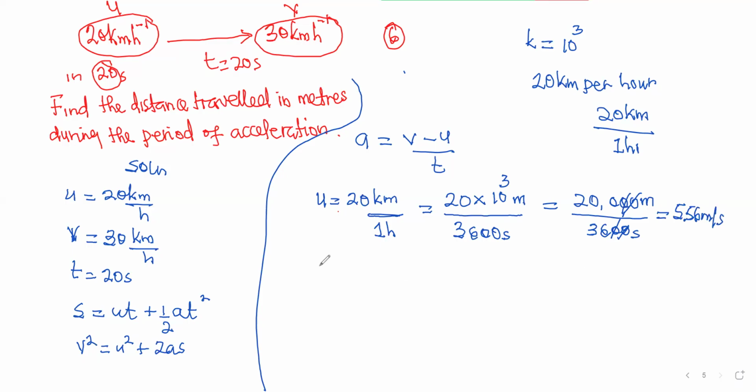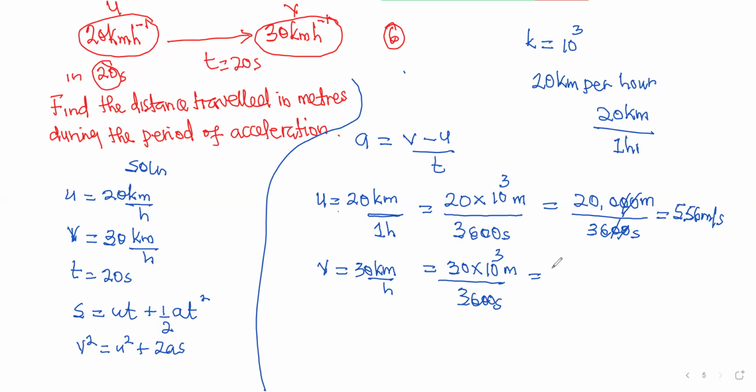Then let's change the final velocity, which is 30 kilometer per hour, into that. And that will also be 30 times 10 to the power 3, 30,000 meter, also divided by 3,600 seconds.